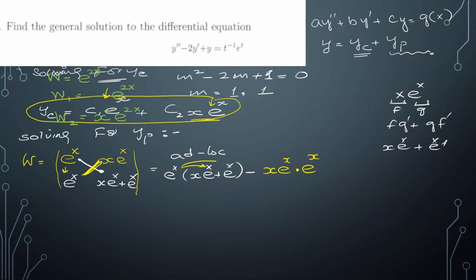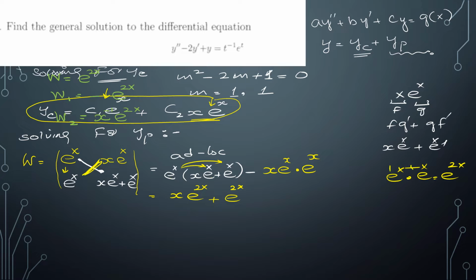Let's try to solve them. So first of all, open that. So e to the power x times x e to the power 2x. Why 2x? Because e and e, both the bases are the same, so we add the powers. Plus e to the power 2x, because e power x times e power x gives me e to the power 2x.